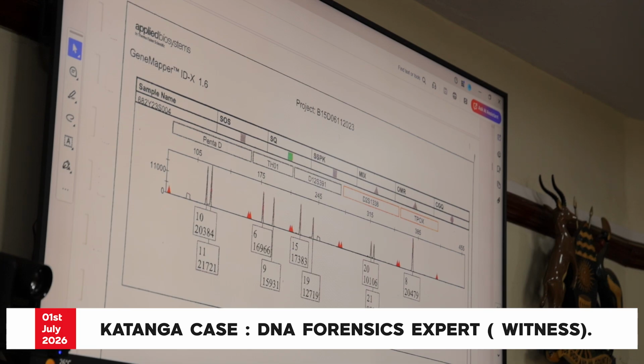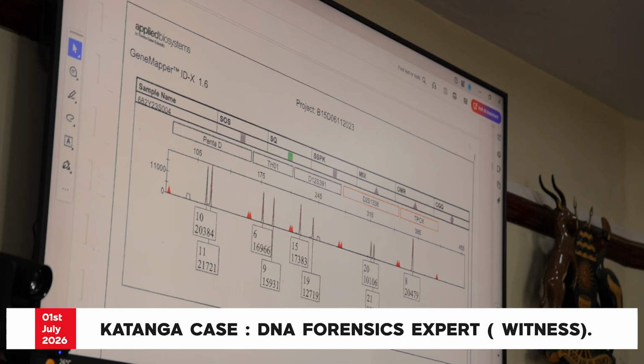Now I want to wind up that brief introduction to DNA profiling by talking about the profile of Mole Katanga. If I was to write the DNA profile of Mole Katanga without your graph, just write it across a piece of paper, what would it look like?